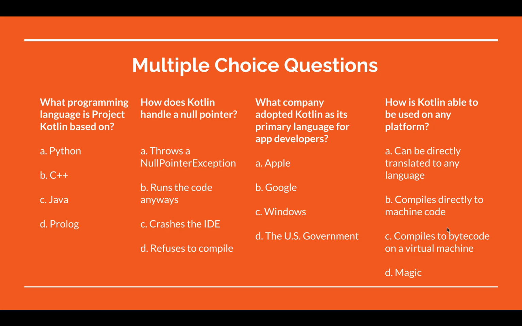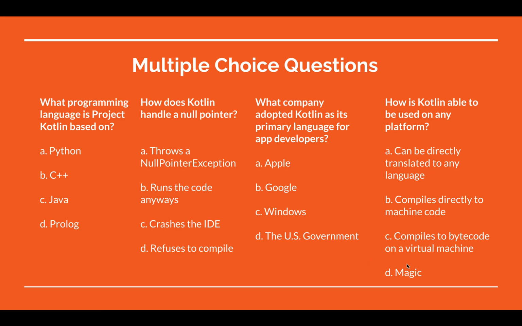Well, basically, because it is compiled directly to bytecode and run on a virtual machine, that allows it to be used on any platform that supports Java, which is pretty much every relevant platform, Windows, Mac OS, Linux, Solaris, any operating system that you will be working with will be able to run Kotlin code based off of the Java virtual machine.